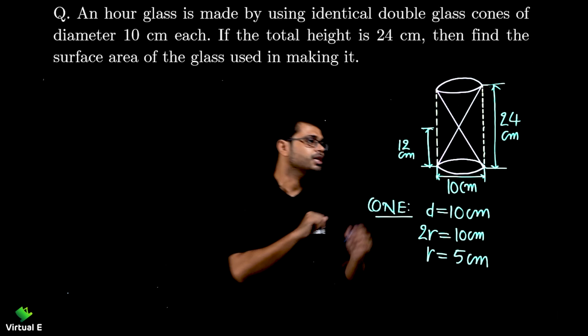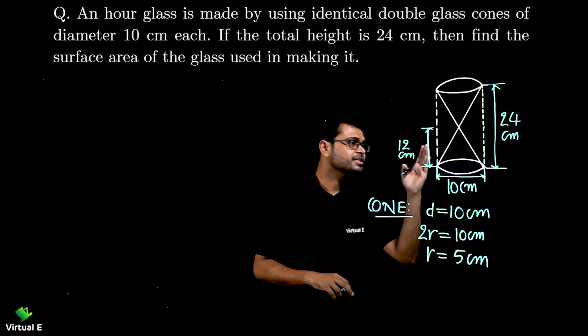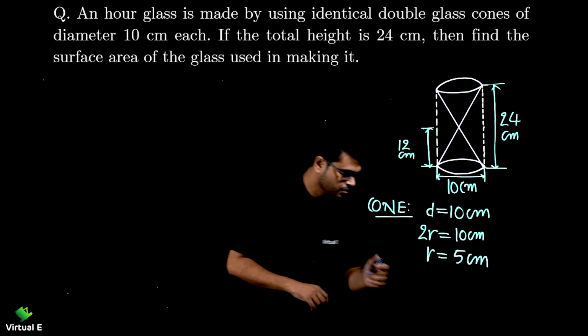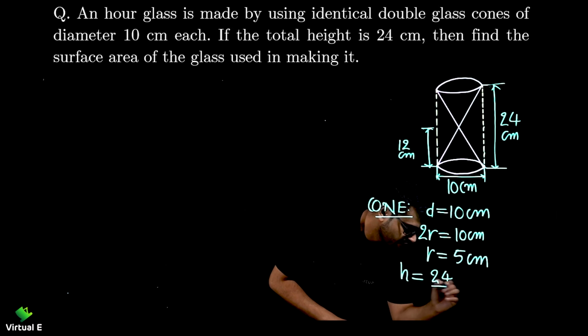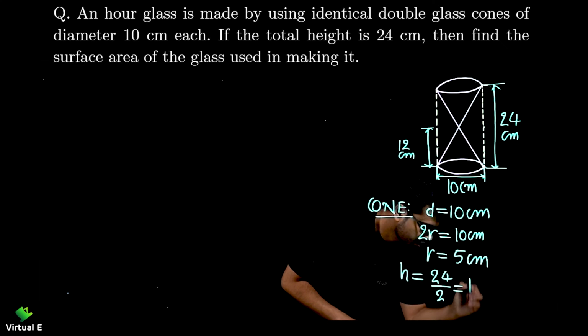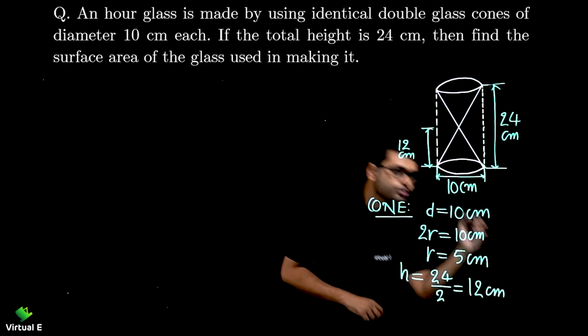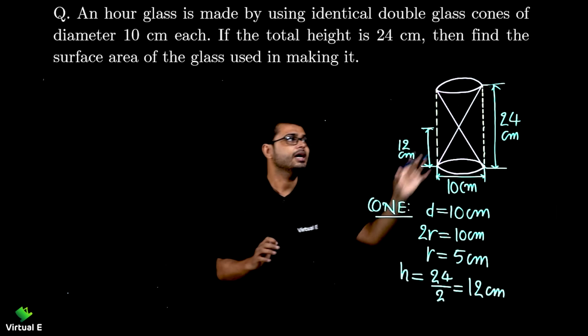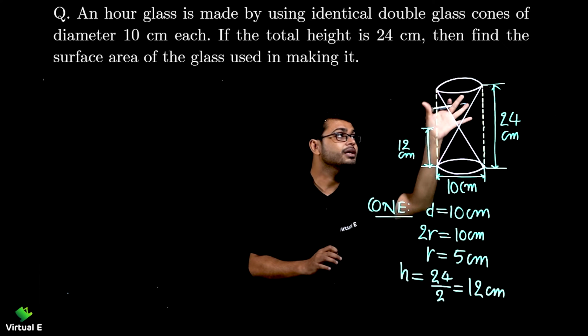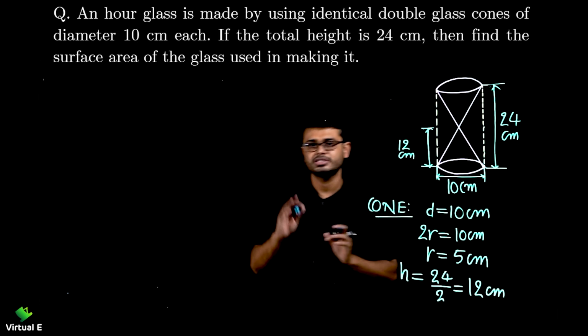Now about the height. Height, always remember, is perpendicular. So h is equal to 24 by 2, which is 12 centimeter. I told you the reason, because both cones are identical. They have the same radius, same diameter, and same height as well.